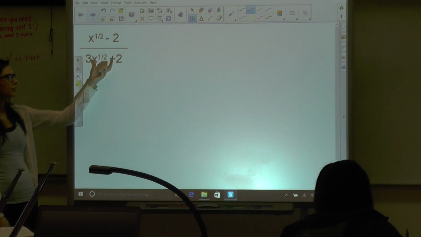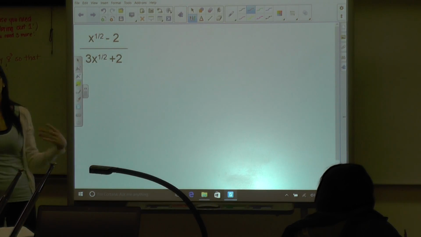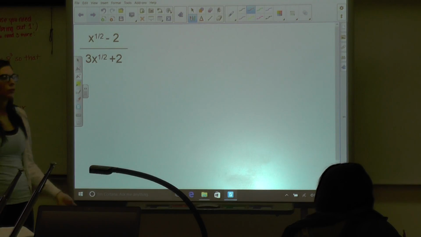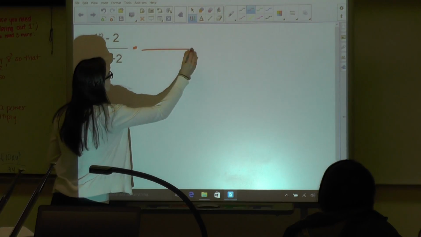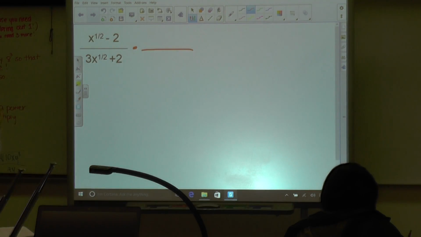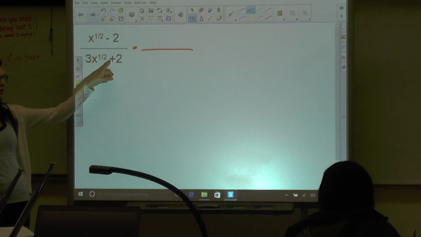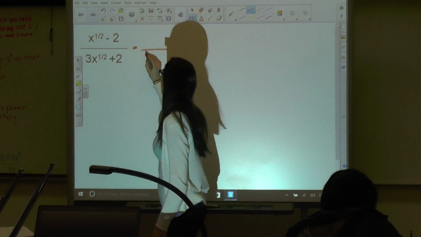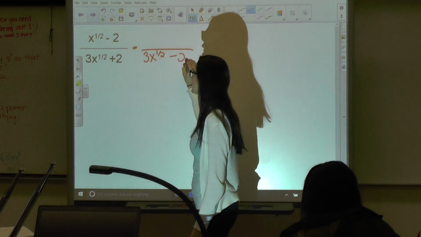Right now you have a radical on the bottom, you cannot have a radical on the bottom, we have to multiply it by something in order to get rid of it. So you multiply it by your conjugate. The conjugate is the same thing, just an opposite sign in the middle. So we're going to multiply it by 3x to the power 1/2 minus 2.